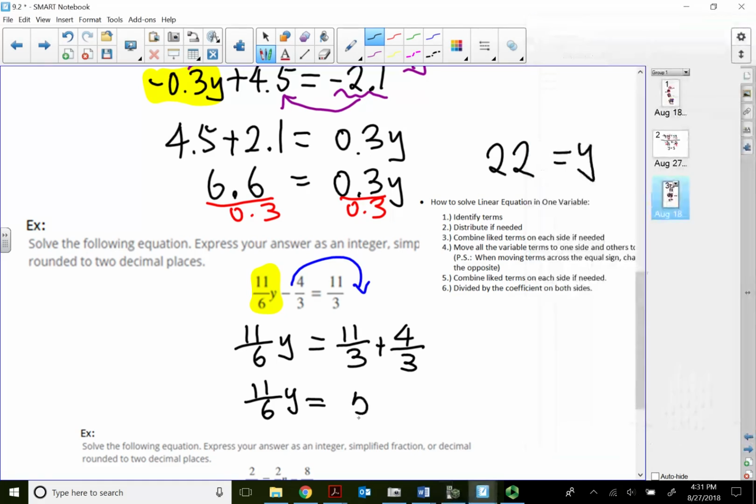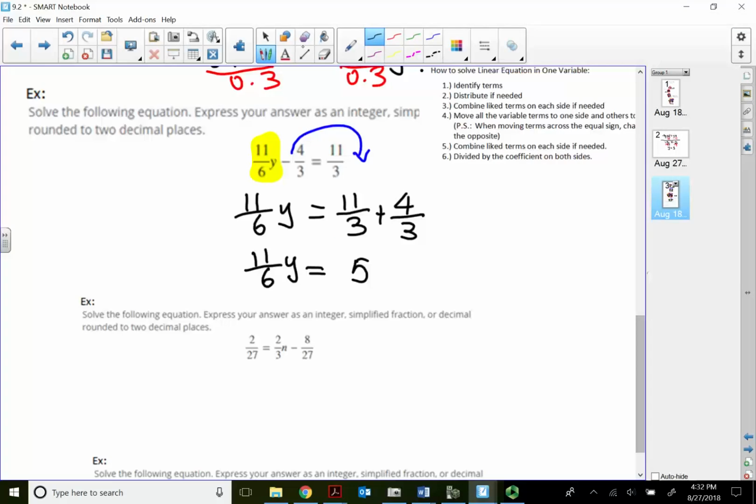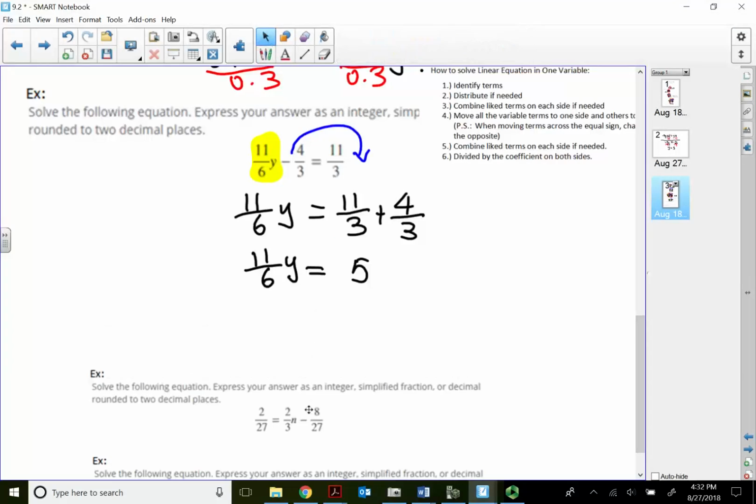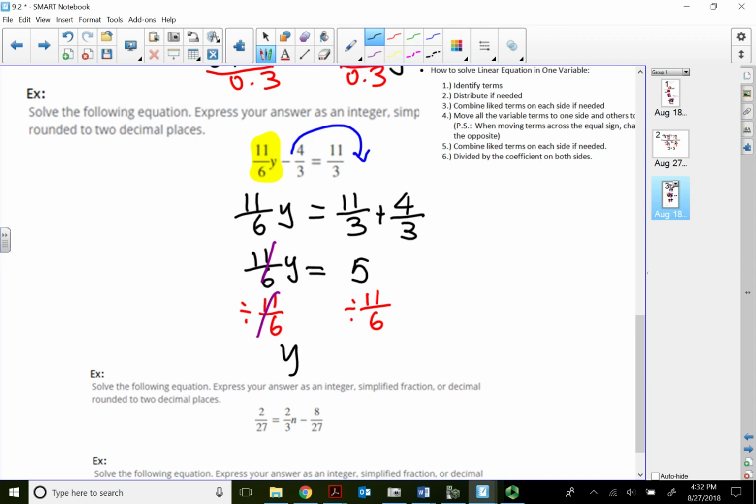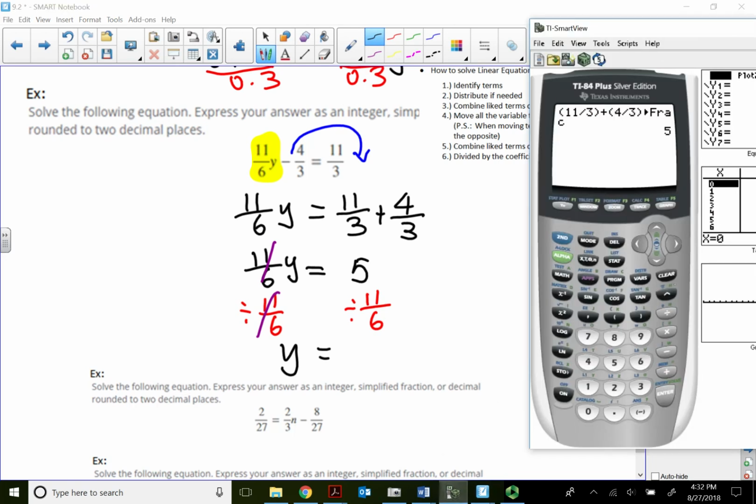So now what I'm supposed to do is divide both sides by the coefficient. 5 is already there, so we key in 5 first. Now the left side, 11 over 6 divided by 11 over 6, gives me positive 1y. So this is 5 divided by 11 over 6. When you do this in the calculator, please just key it in.